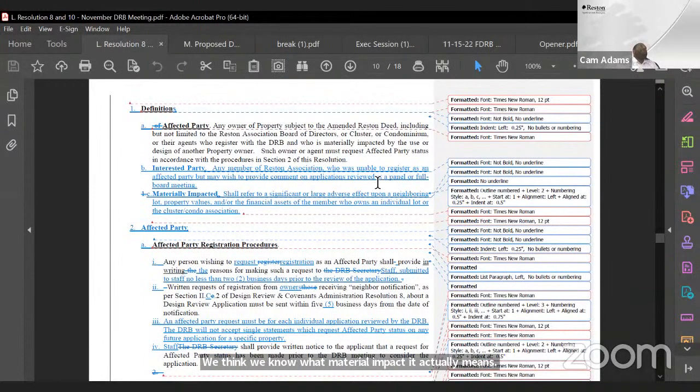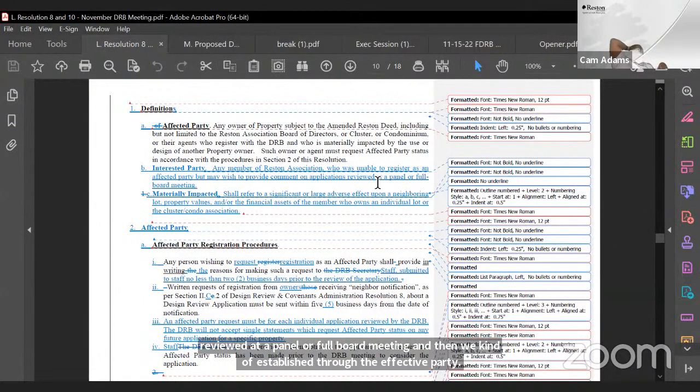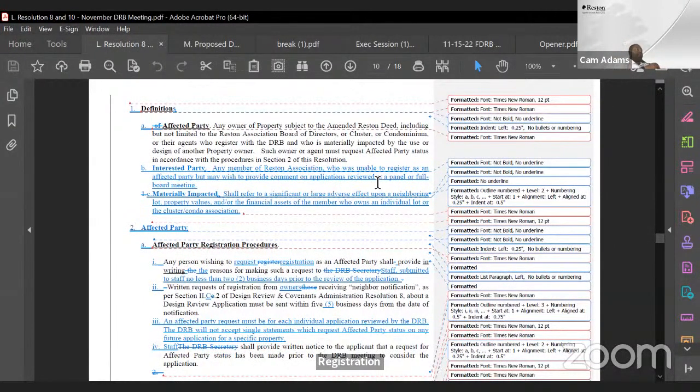Essentially, we've established that an interested party is any member of Reston Association who was unable to register as an affected party, but may wish to provide comment on applications reviewed at a panel or full board meeting. Through the affected party registration procedures that staff submitted, any request for affected party must be submitted no less than 2 business days prior to the review of the application.